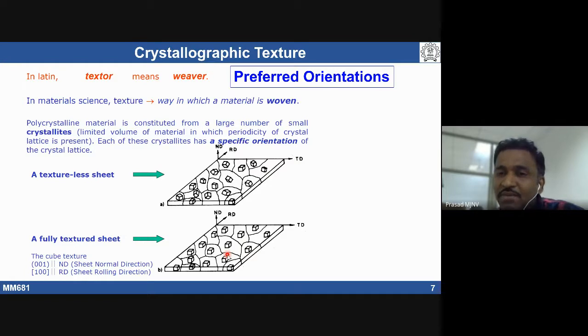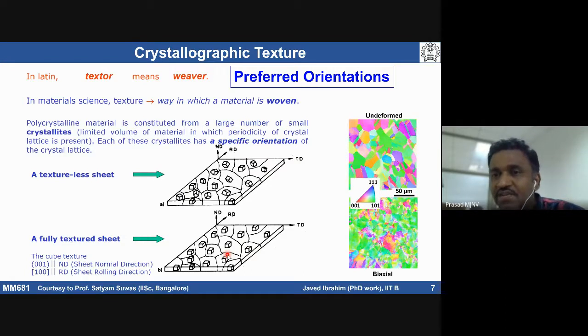Here is another example. One of my peer students, Javed, is working on copper. Copper initially has this kind of texture, and it was deformed under biaxial deformation. What happened here? The majority of grains have transformed; look at here, the grain color has changed. So when the same material was deformed under biaxial condition, we see some deformation texture has developed.